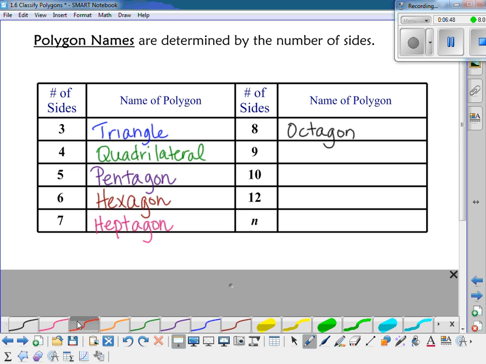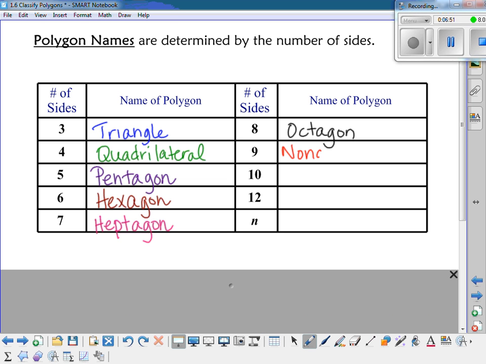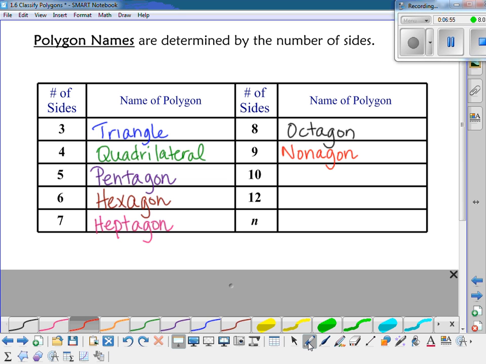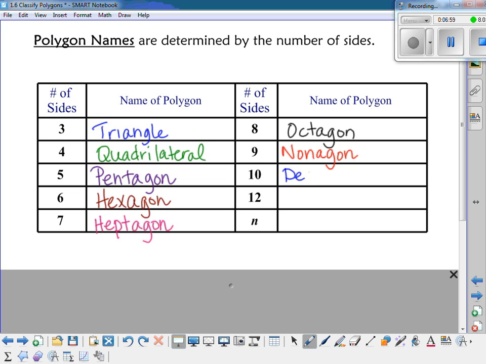Nine sides is a nonagon. Ten sides is a decagon. We've got the Latin root deca, like a decade is 10 years. So a decagon has 10 sides.